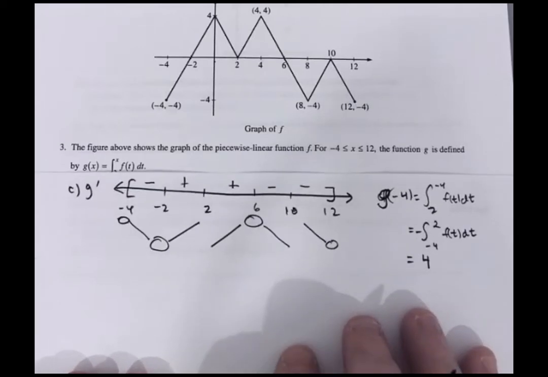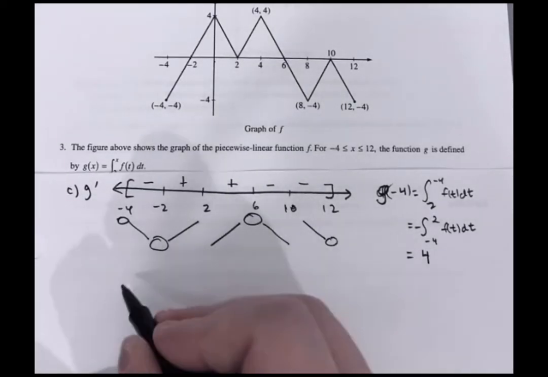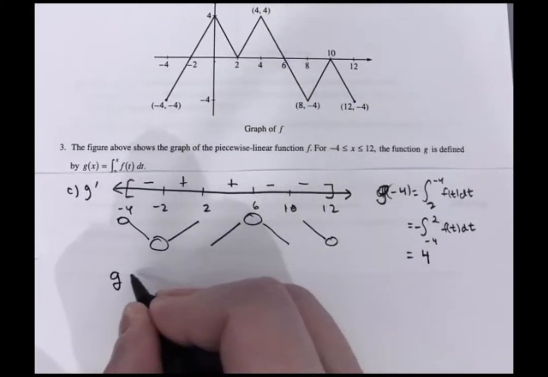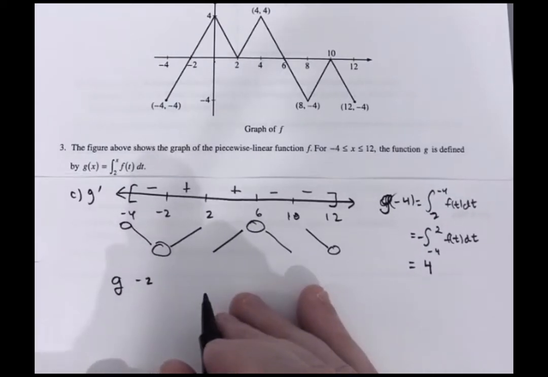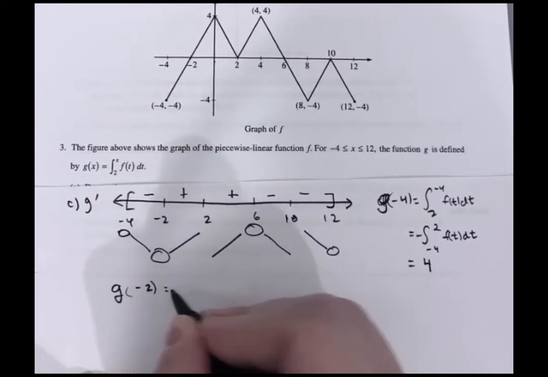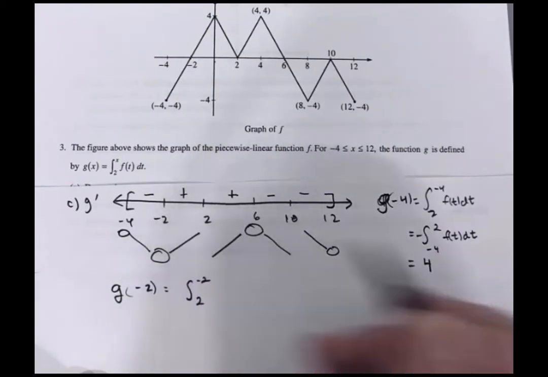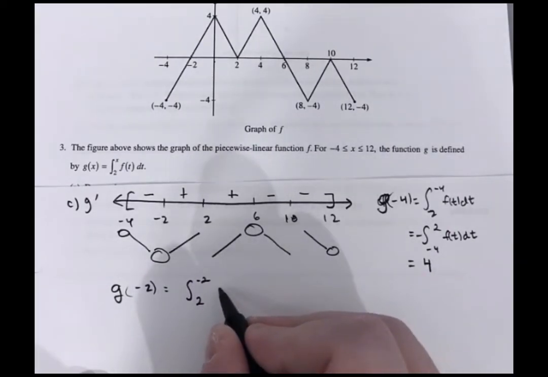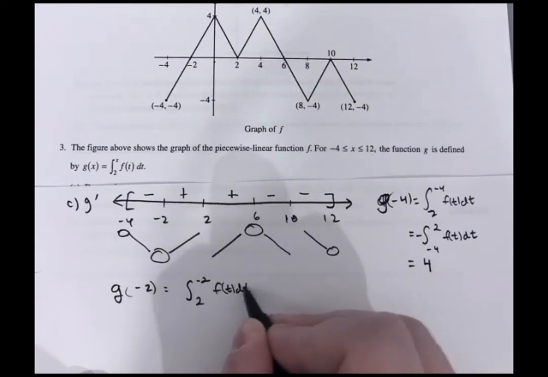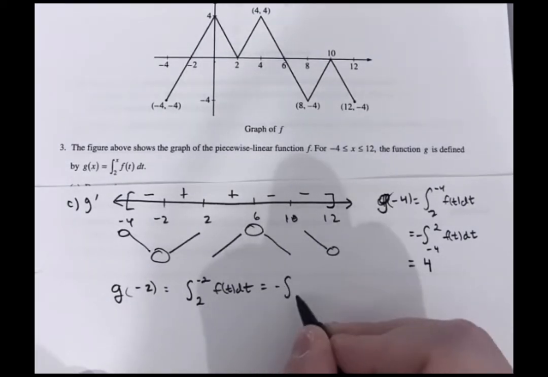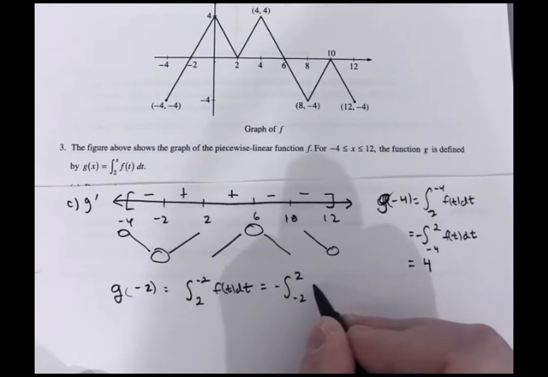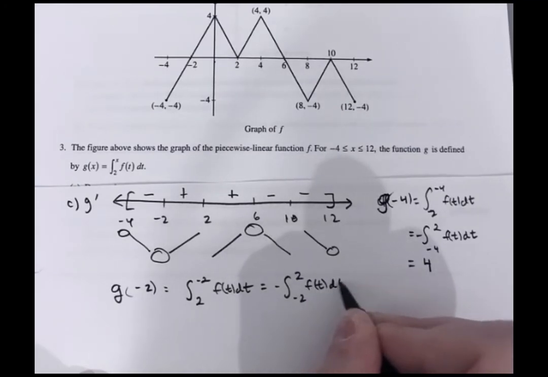Okay, next, g of negative 2. G of negative 2 is equal to the integral from 2 to negative 2 of f of t dt, which is the same as the opposite of the integral from negative 2 to 2 of f of t dt.